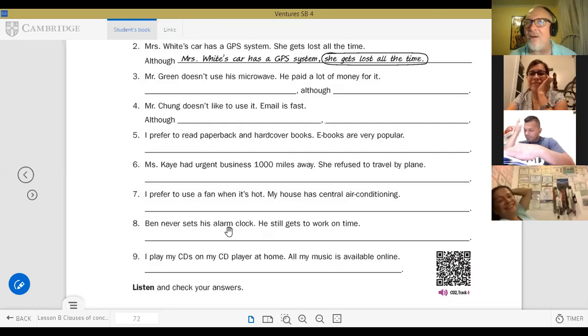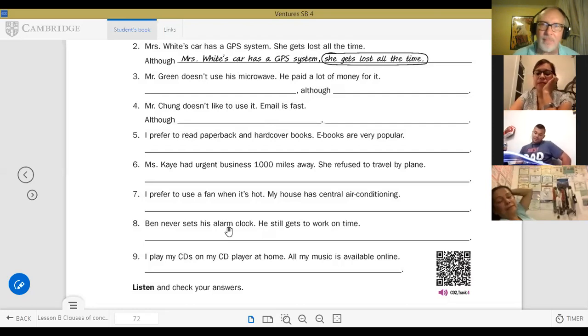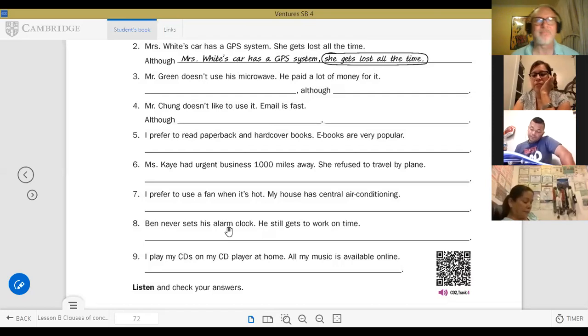Remember that whenever I have despite, it's always going to be a noun. And the noun of popular is popularity. Popular is an adjective. Popularity is a noun. Okay, anyway.